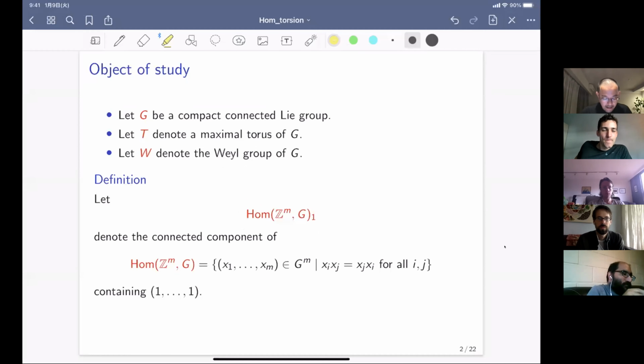And the object I'm going to talk about is the space Hom(Z^m, G)_1, which is the connected component of the space of homomorphisms from Z^m to G, containing the trivial element 1.